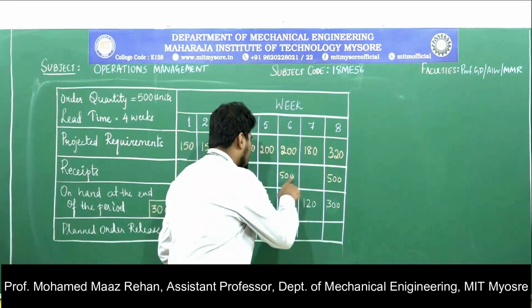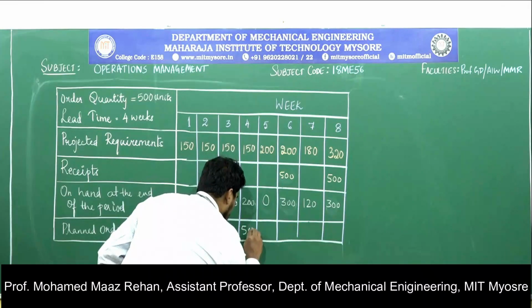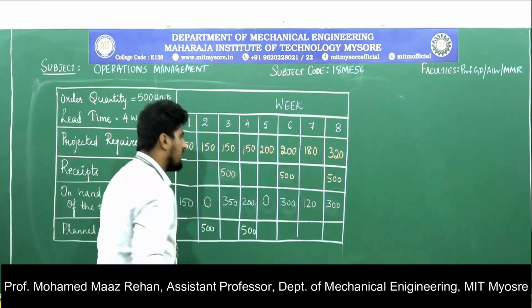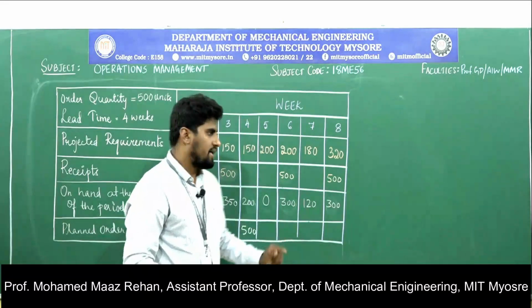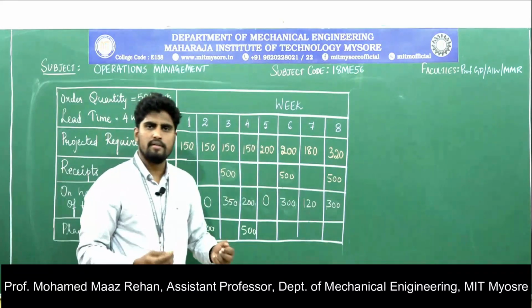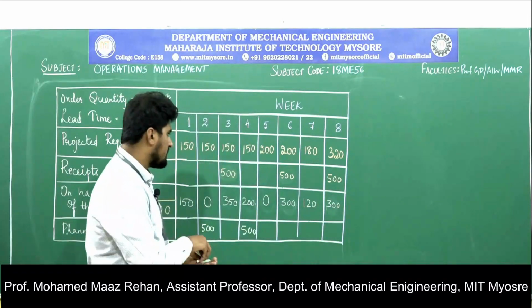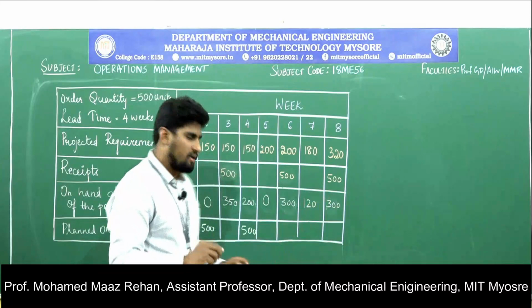So 1, 2, 3, 4, if you place an order, you are going to realize it in week 8. In the problem they have asked how many units are available in week 8. So the answer is 300 units.